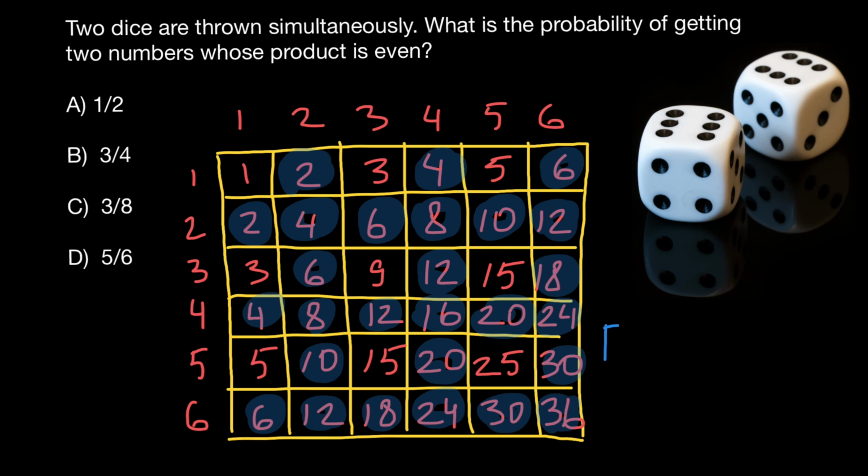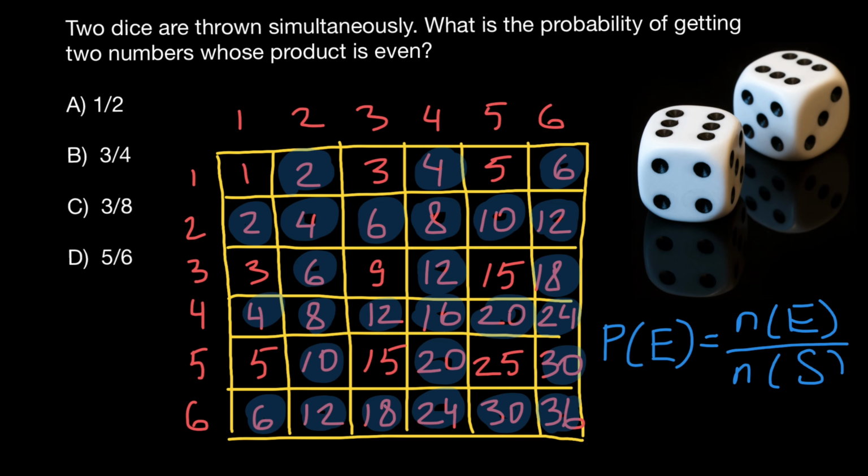So the probability of the event that we will throw 2 dice and get a number which is a product of 2 numbers and is even would equal the number of evens that meet the requirements of our problem divided by the number of the sample space.